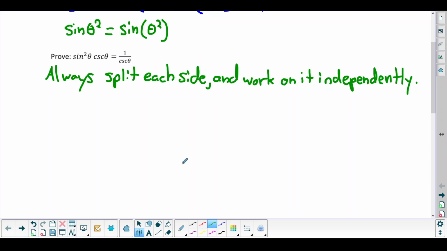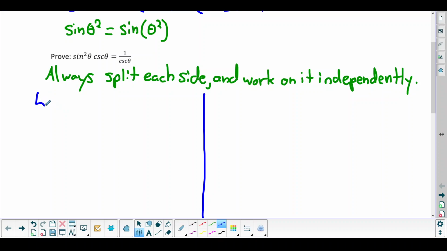Okay, so in this question, we want to prove that sine squared theta times cosecant theta is equal to 1 over cosecant theta. That's not an intuitive thing, that these are the same. They don't look the same. So we're going to try to algebraically show that they are indeed equivalent. We're going to split up each side. To do that, we'll draw a vertical line down the center of our page.